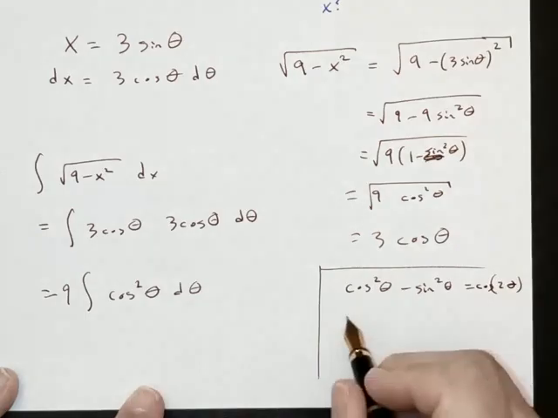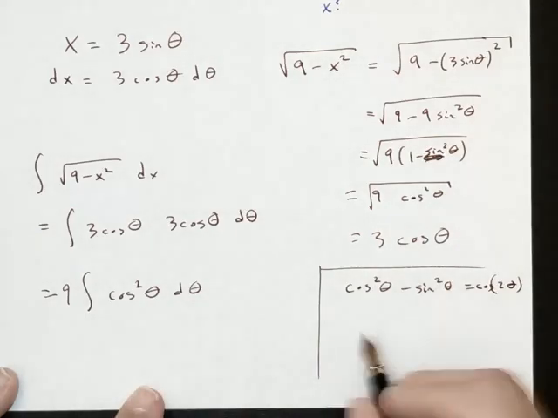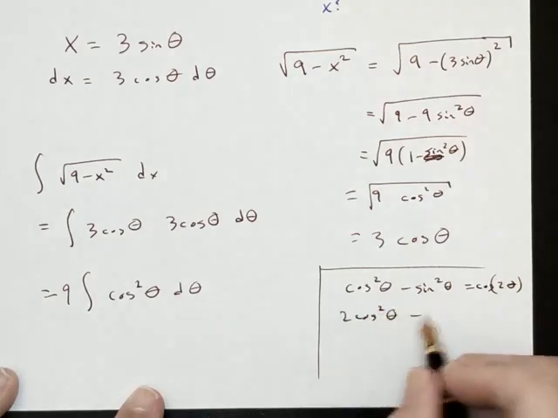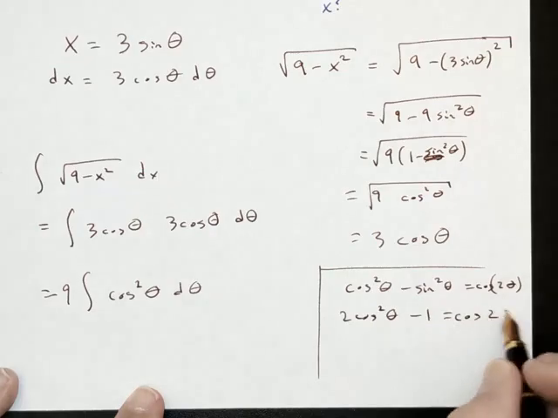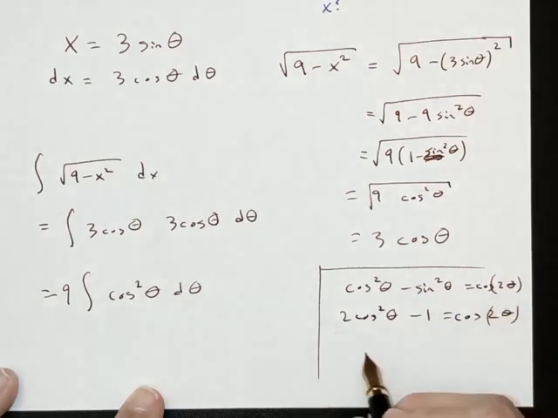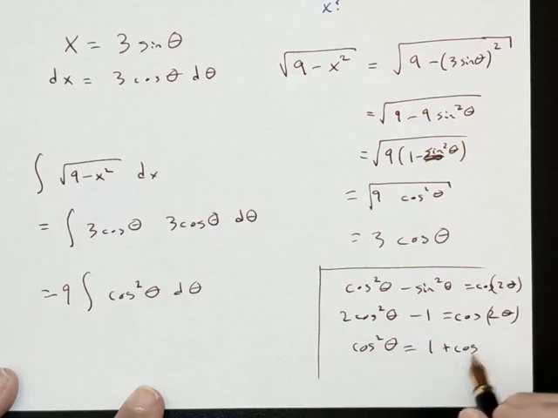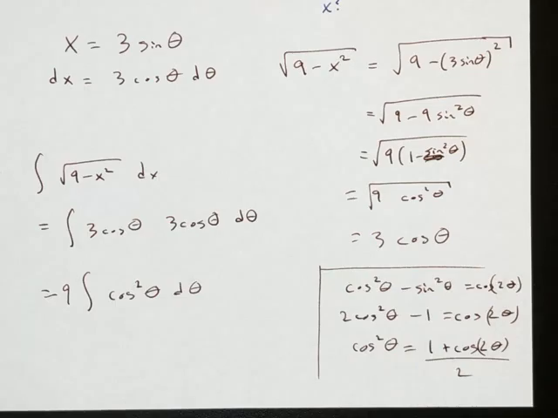So if I want it in cosine squared, I'll replace this. So I get 2 cosine squared theta minus 1, cosine 2 theta, rearrange, cosine squared theta is 1 plus cosine 2 theta all over 2.